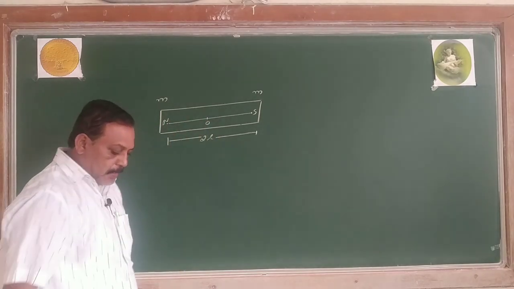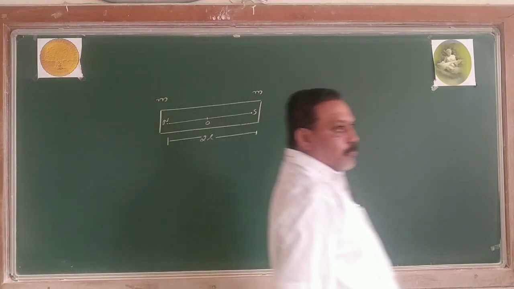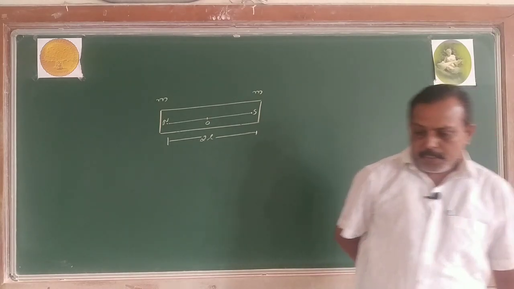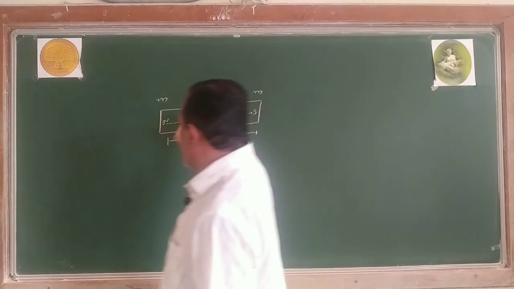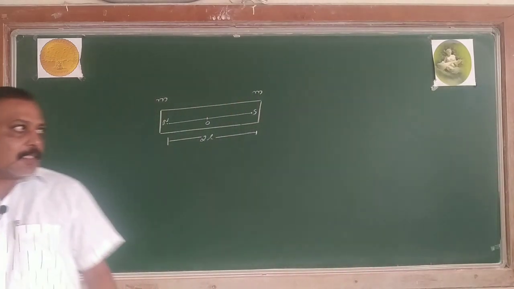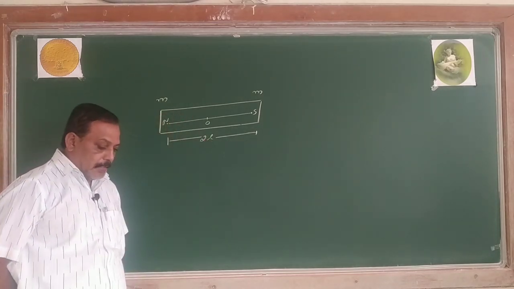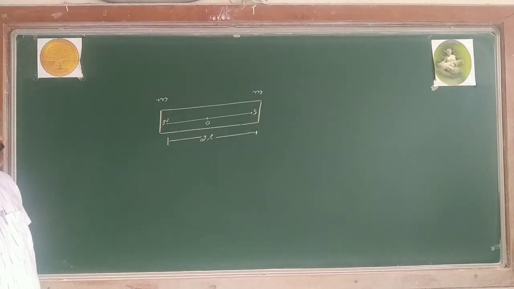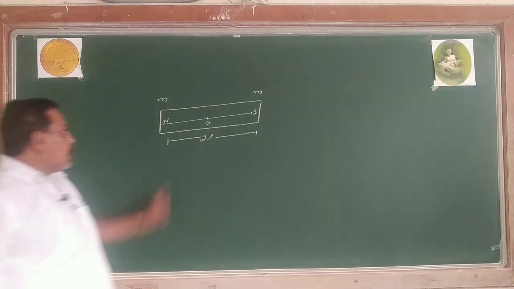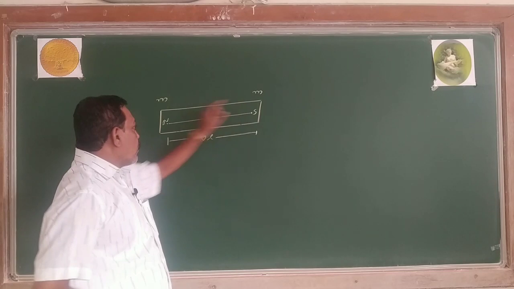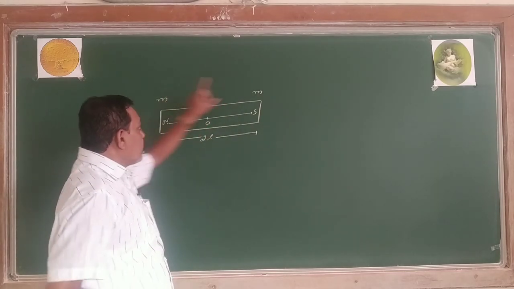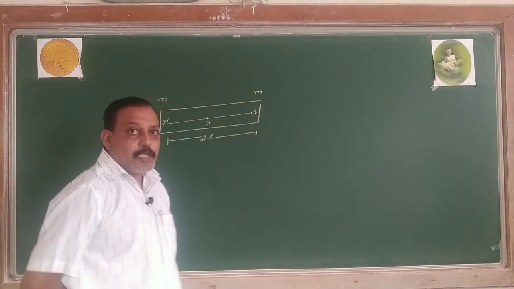Every magnet has its own pole strength. The two pole strengths are equal in magnitude but opposite in nature, small m, and the separation distance between the two poles is 2L, called the magnetic length. The north and south poles are not exactly at the ends of the magnet; they are somewhat inside.